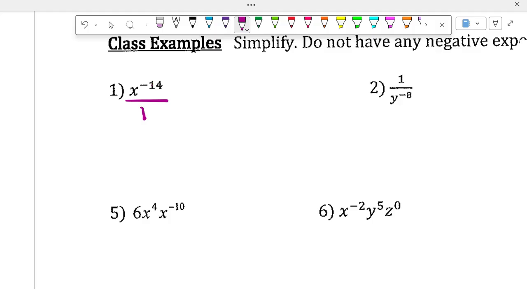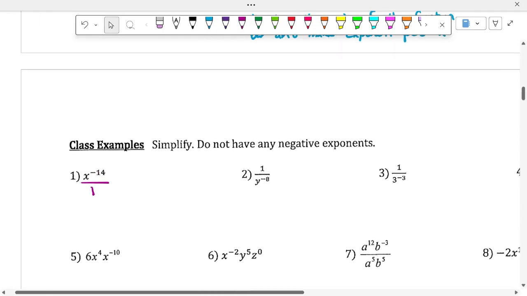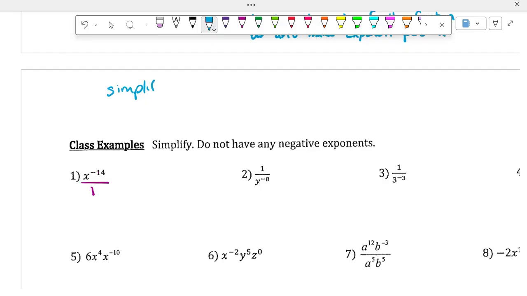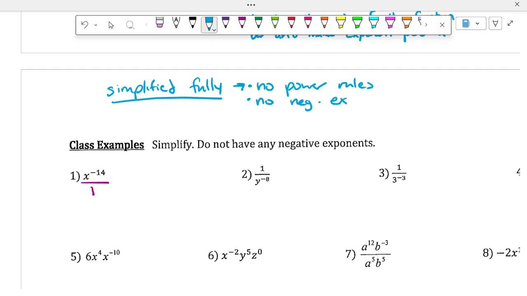So think about it this way. Whenever we simplify, this is how I know that I have simplified fully. I have no power rules left. I have no negative exponents, so they're all positive.